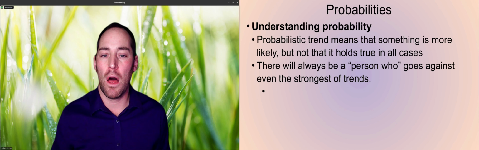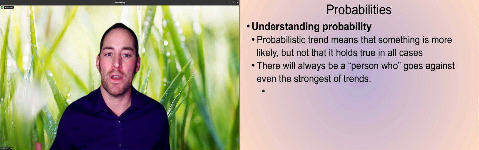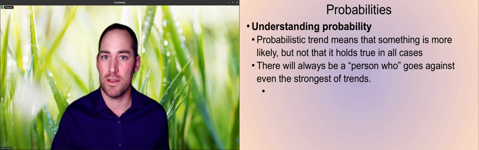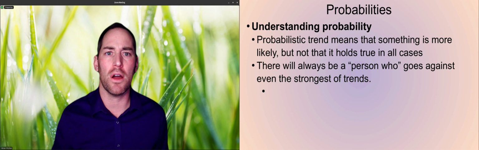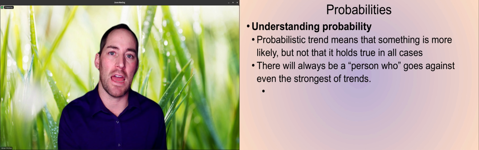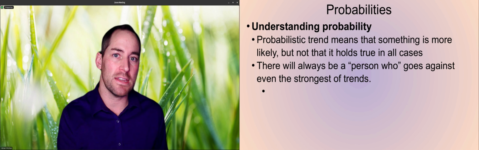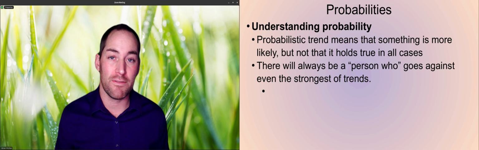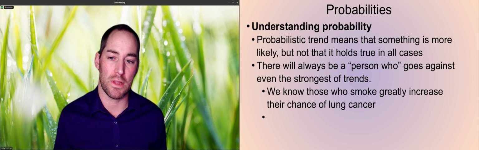There will always be a person or an argument that doesn't fit this trend. Even if the trend is pretty strong and it almost always happens, that time that it doesn't happen does not necessarily cancel out the effect or the predictive value of this probabilistic relationship.